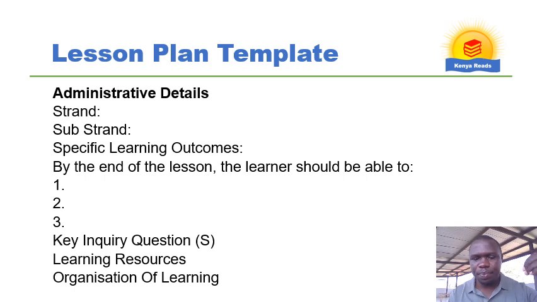Organization of learning: where will learning take place? Let's say, for example, math will take place in a mathematics class, and it shall be organized in groups. Students shall be in pairs. You can break the monotony and say, maybe if there is a nice tree outside the school compound, or we have a hall, or we have a lab, maybe the math lesson will take place in a computer lab, and it shall be organized in groups.